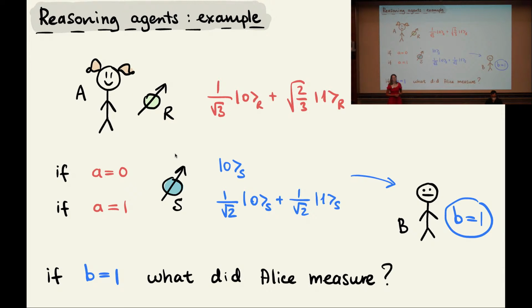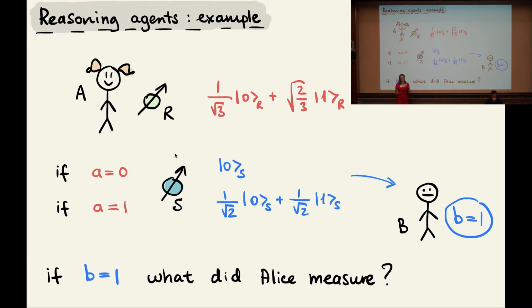What she does is measure that state in the computational basis, which is a 0-1 basis. If she gets 0, then she prepares another qubit S in the state 0. And if she measures the system R in the state 1, then she prepares the system S in a plus state. And then she sends the system S to Bob.